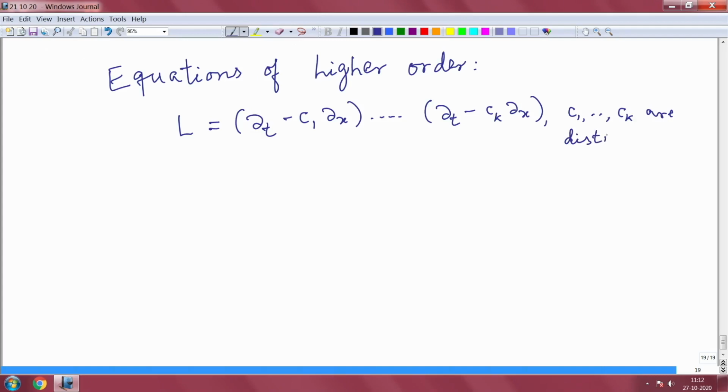We did it for the case of two real values, but the same procedure works.